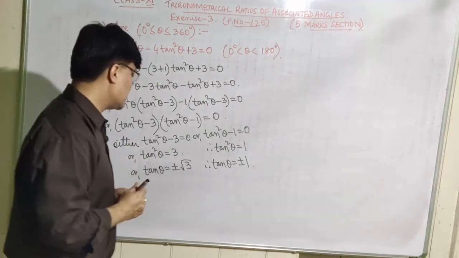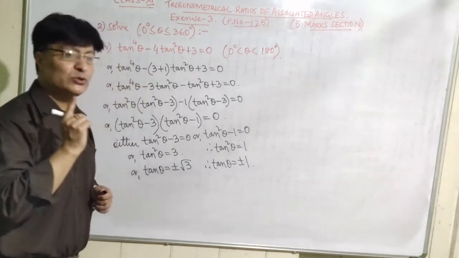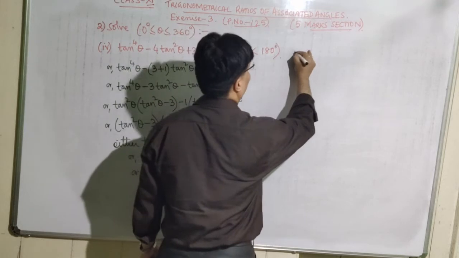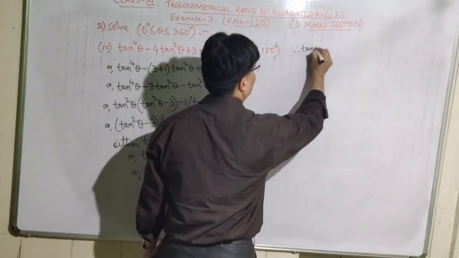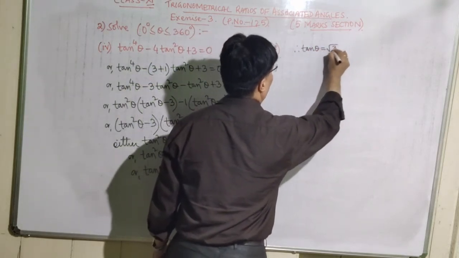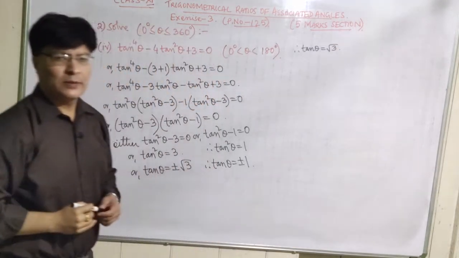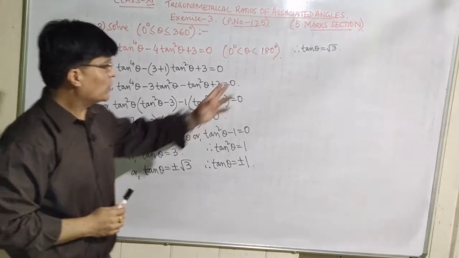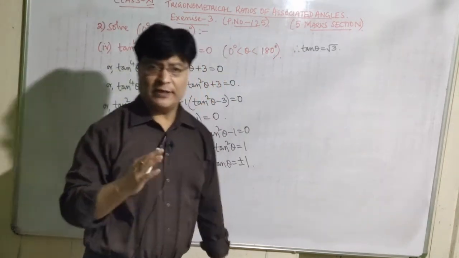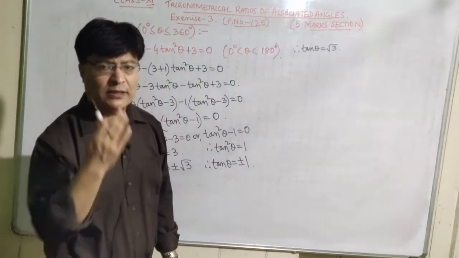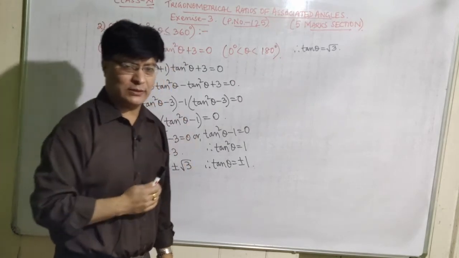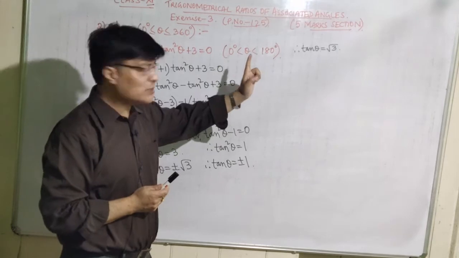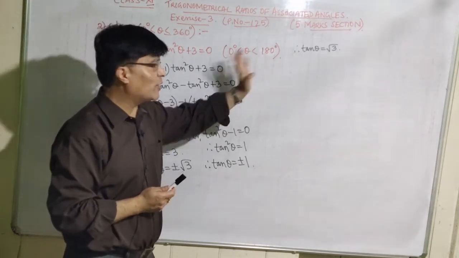So I think you have understood it. Let us take first tan theta is equal to plus root 3. Here tan theta is positive. In which quadrant is tan theta positive? In the first and in the third quadrant. But you cannot get the angle in the third quadrant because theta lies within 0 degree and 180 degree only.